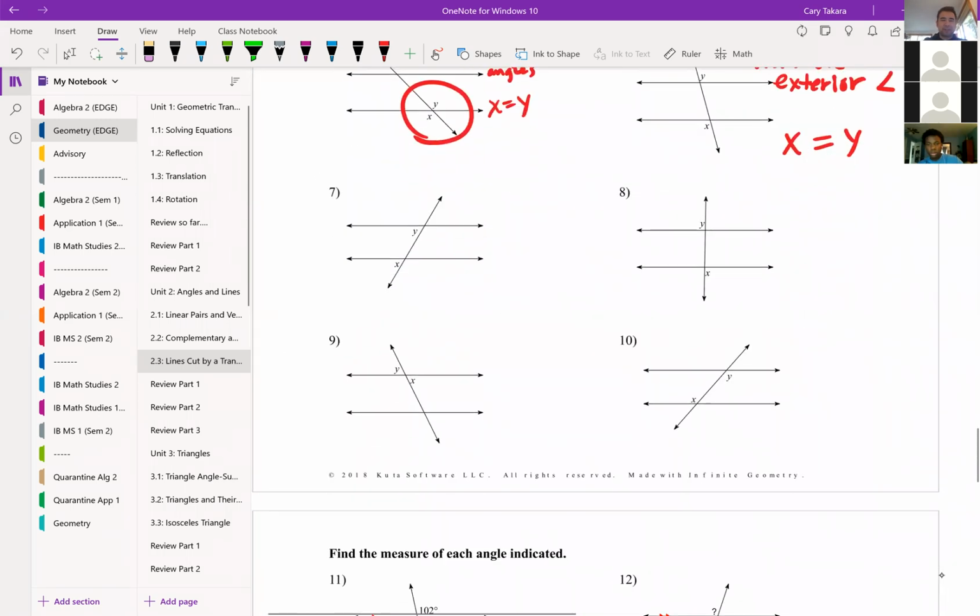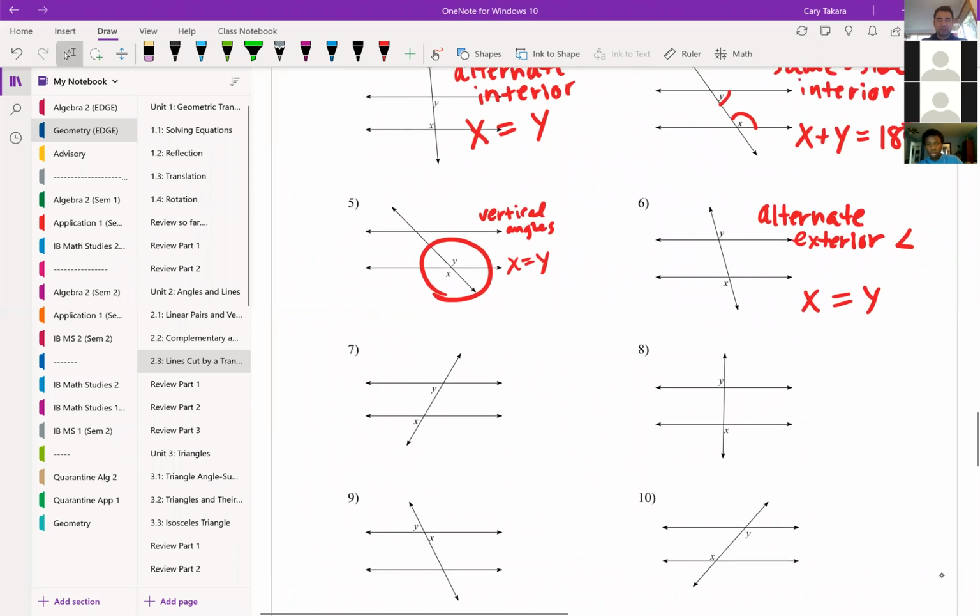Number 7. We've got 4 more to go. How would you name number 7?